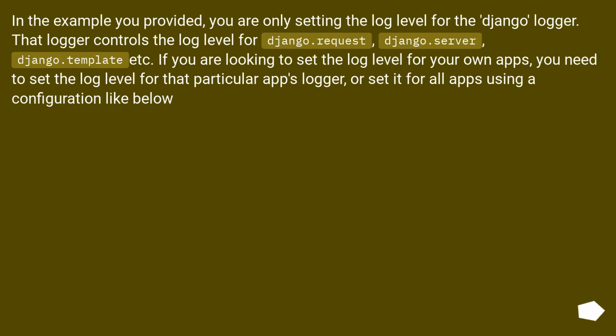In the example you provided, you are only setting the log level for the Django logger. That logger controls the log level for Django.request, Django.server, Django.template. If you are looking to set the log level for your own apps, you need to set the log level for that particular app's logger, or set it for all apps using a configuration like below.